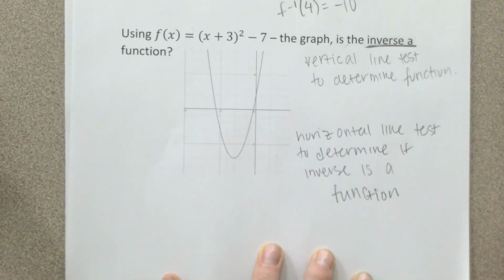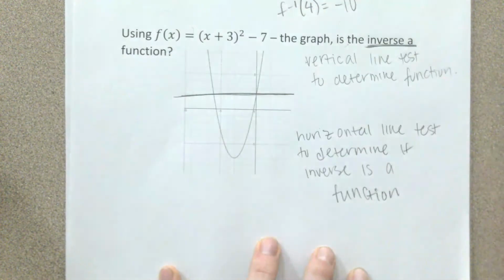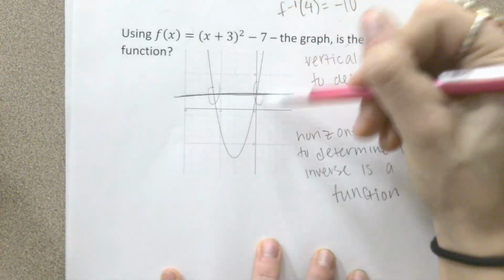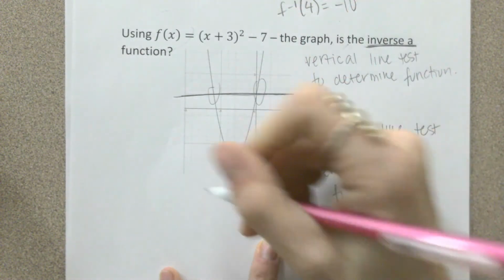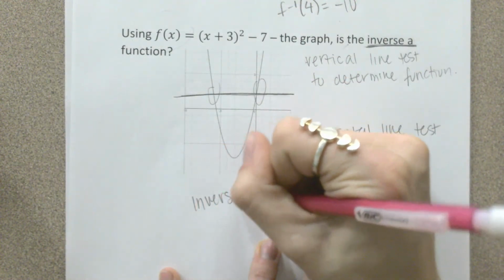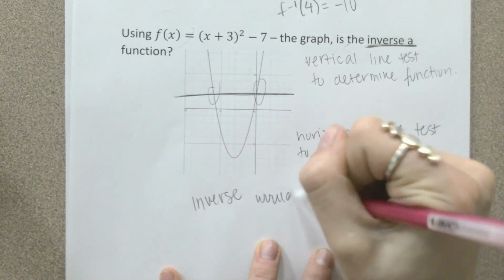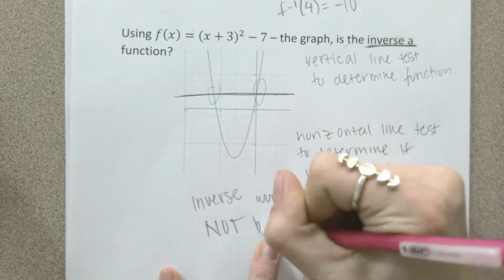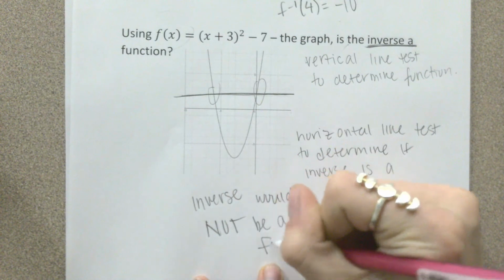So using the horizontal line test on this graph, it crosses at two places, so the inverse would not be a function.